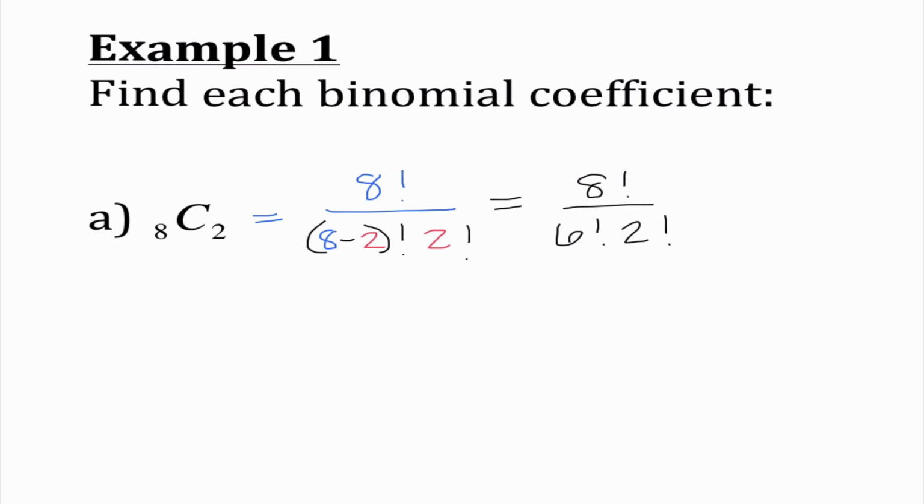We learned earlier this chapter, 8 factorial means 1 times 2 times 3 times 4 times 5 times 6 times 7 times 8. 6 factorial is 1 times 2 times 3 times 4 times 5 times 6. So I can actually simplify these, and just 7 and 8 are left over. So when I multiply, I get 56 over 2 factorial, which is 1 times 2, which is 2, and that ends up being 28.